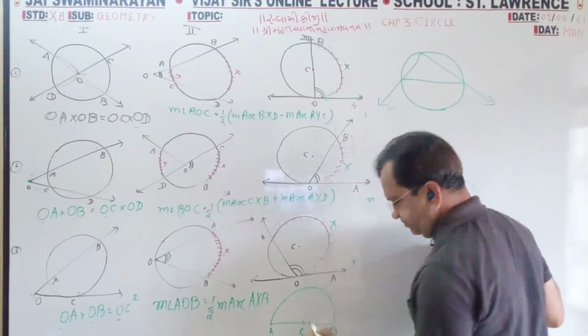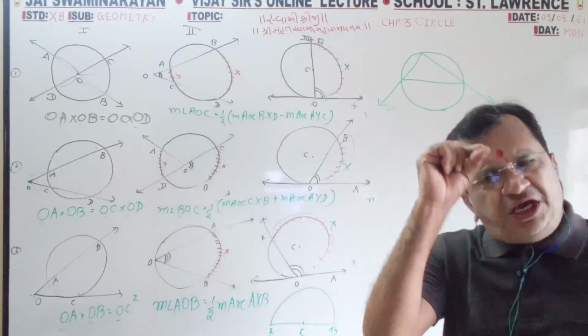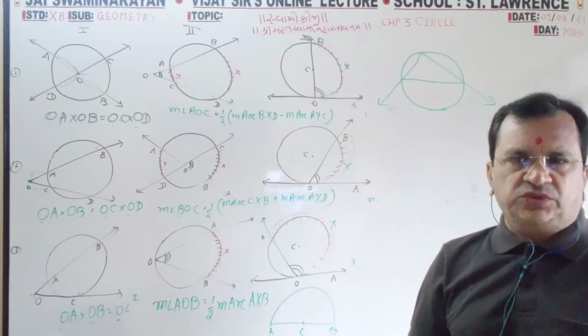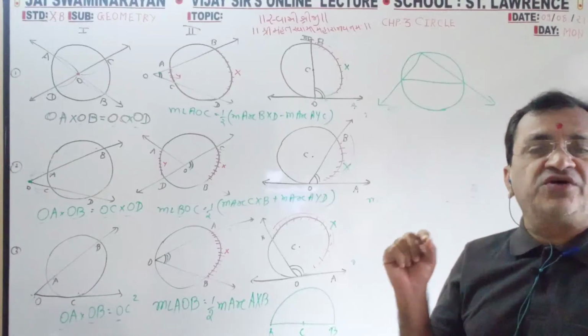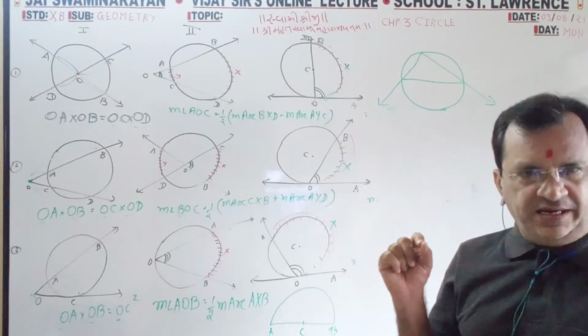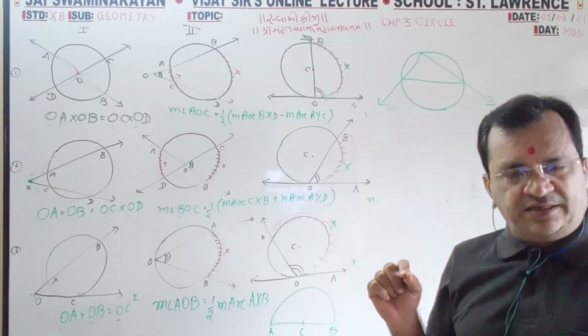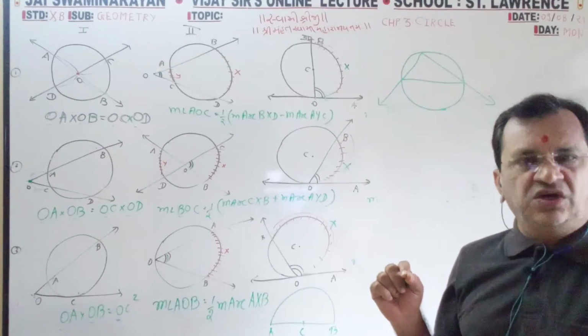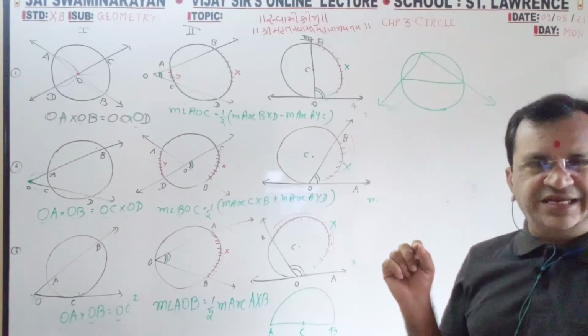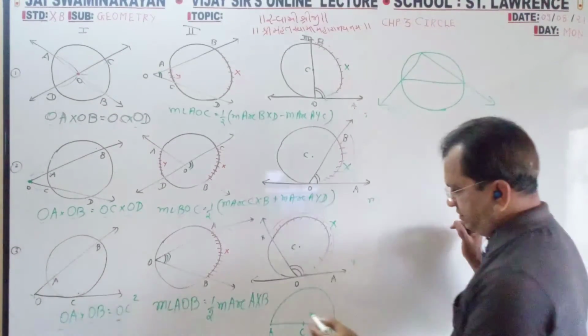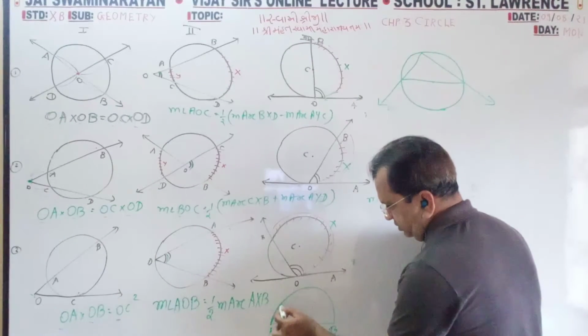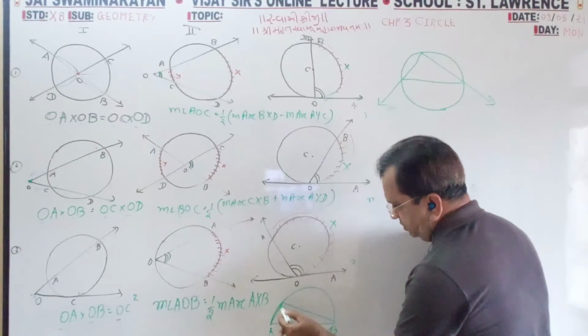Take any point other than the end points of the diameter, any point on the arc of the half circle, the semicircle, other than A and B. I'll take this and join this. This will be 90.